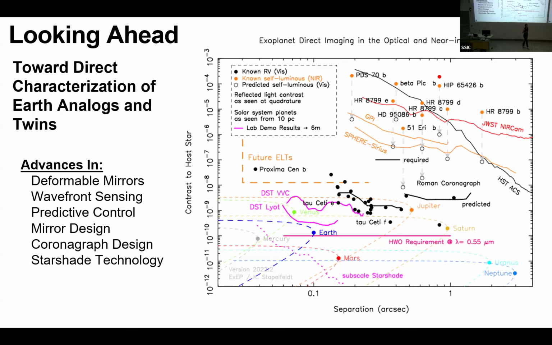We can expect to get there on a real instrument when Roman launches, and you can see some expected contrast there. And then even further in the future, instruments will get down to the contrast that we're going to need to actually characterize planets like the rocky ones in our own solar system. Thanks for your attention, and I'm happy to answer any questions.